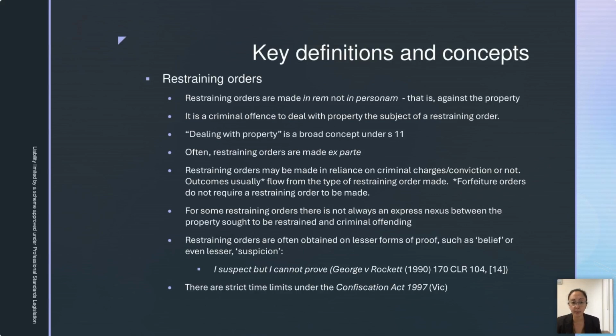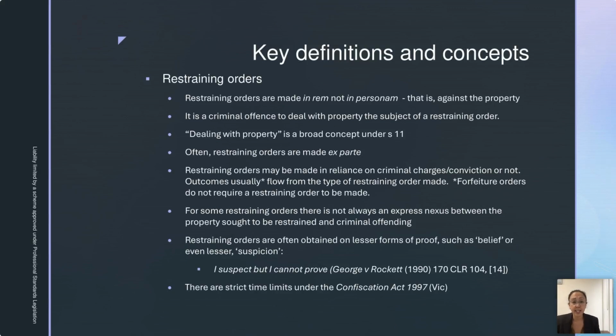Dealing with property is a criminal offence, and it's quite a broad concept what dealing means. But for example, for a house, for a real property, that could mean renting out the property. That could definitely mean selling the property, obtaining a new mortgage over the property, refinancing the property, potentially dealing with the offset account associated with that property. It's quite a broad concept and something to be wary of.